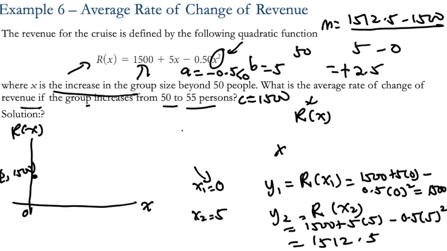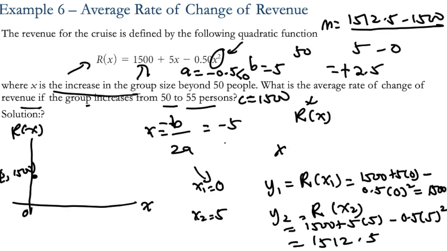If you see the vertex formula, it is what? Minus b over 2a. Minus b over 2a is for the x value of the vertex. In this case, minus b is what?